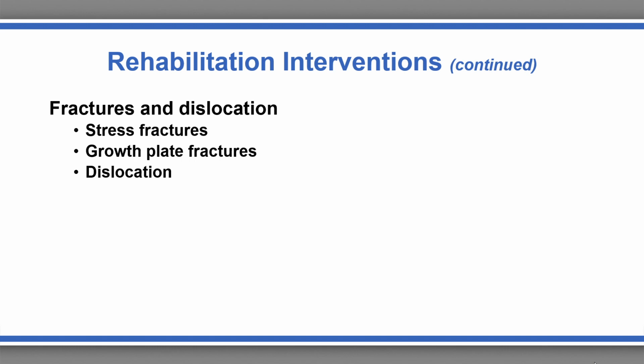So, speaking about fractures and dislocation, as you know, bone is constantly undergoing remodeling with the osteoclasts and osteoblasts in response to the stresses applied to it. Stress fractures will occur in patients, particularly when a training program progresses quite quickly.